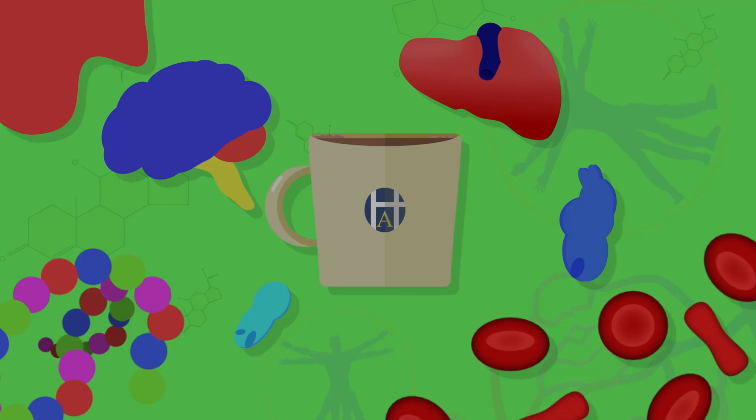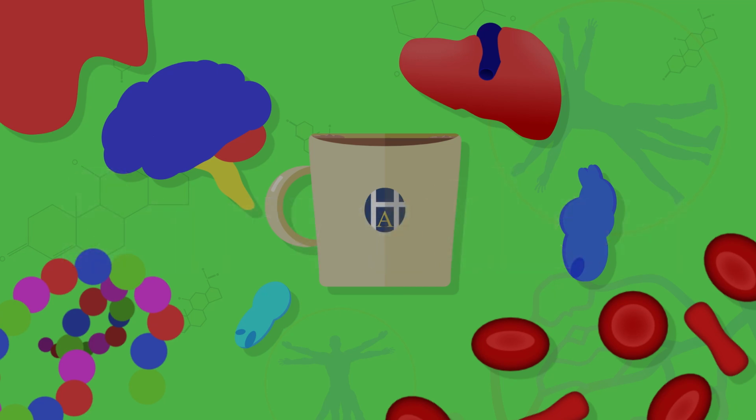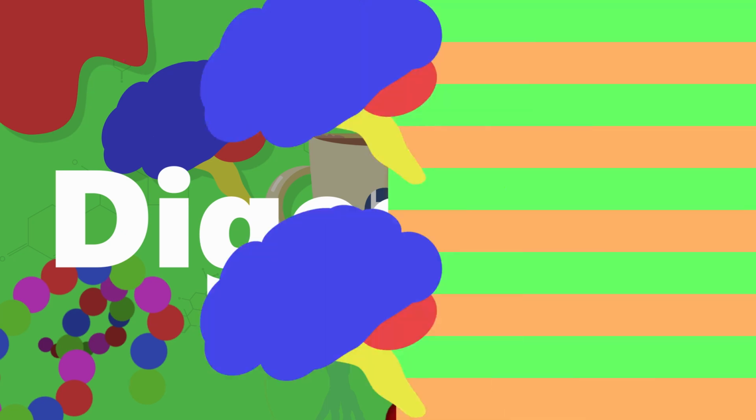Speaking of acid, the stomach is responsible for the secretion of acid and enzymes, which aid in the digestion of the ingested food. At this point, the food-acid mixture, which we call chyme, exits through the bottom doorway, the pyloric sphincter, and enters into the duodenum.